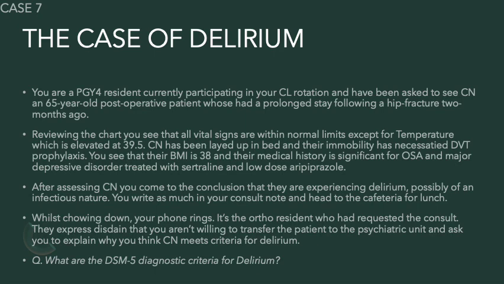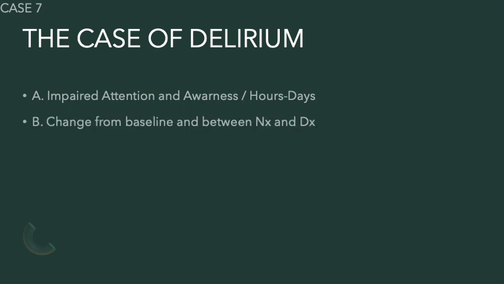What are the DSM-5 diagnostic criteria for delirium? Well, they must have impaired attention and awareness, which develops over hours to days, and a change in cognition from baseline and between night and day.